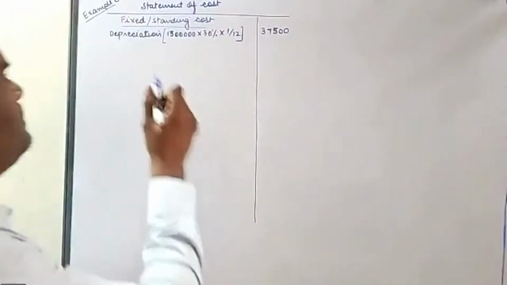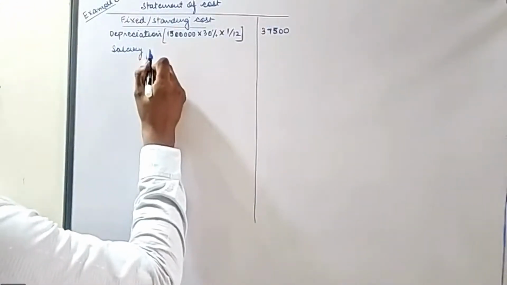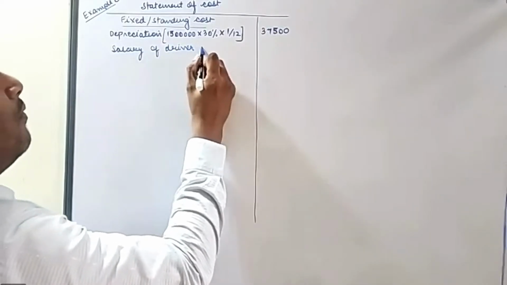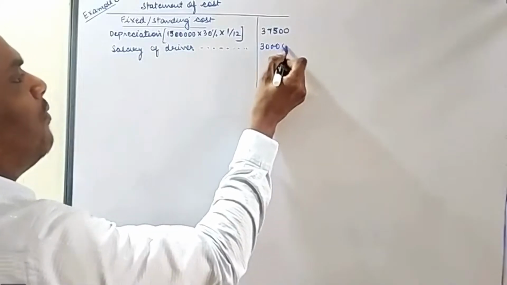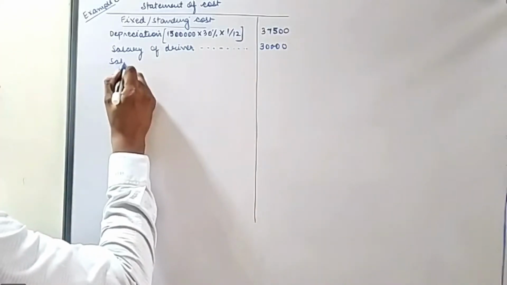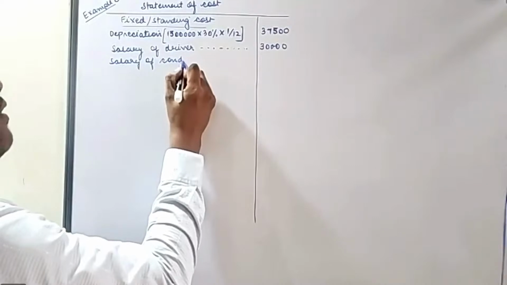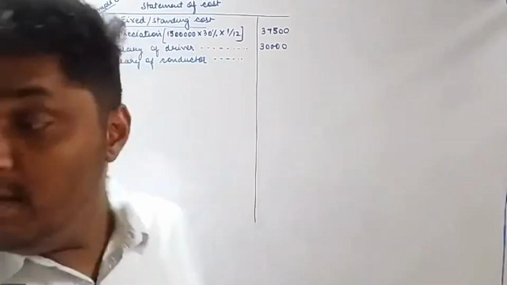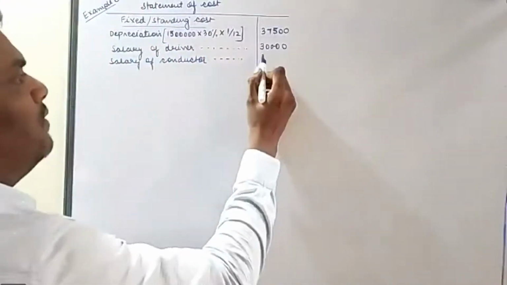Now, salary of driver is 30,000 per month. Next is salary of conductor. The salary of conductor is 26,000 per month.